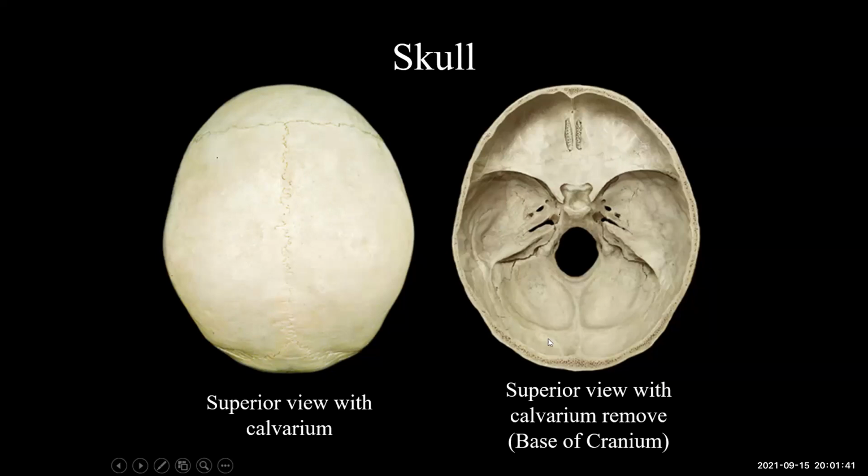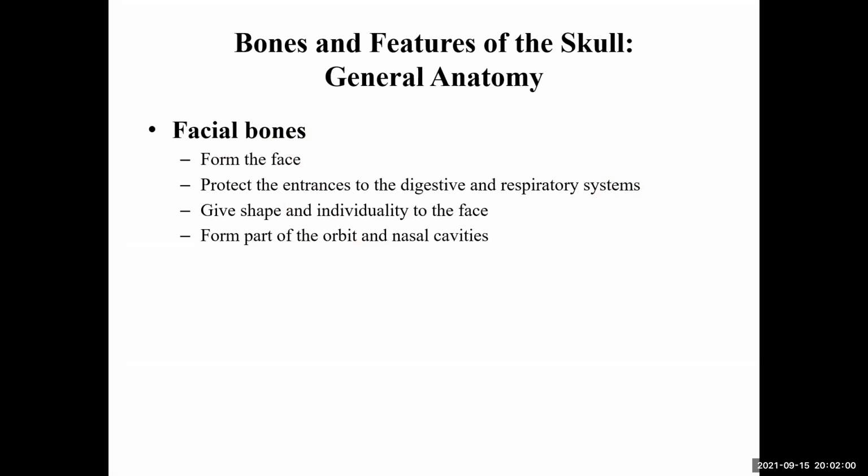Once we pull the brain away, we can see all the other bones that are left behind. You have your sphenoid bone, the ethmoid, and the temporal. We've got part of the occipital back here too. But we'll go into more detail about that later on. All right, so that's the cranial bones.